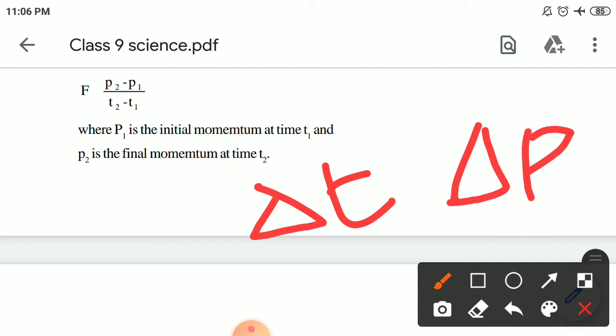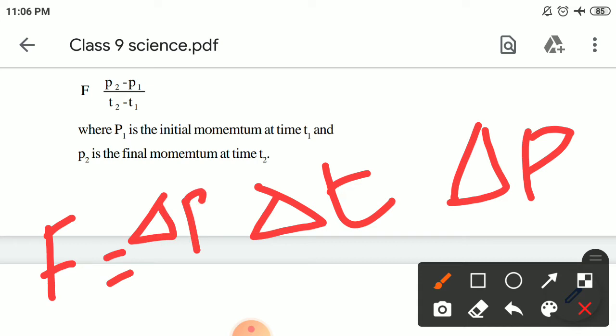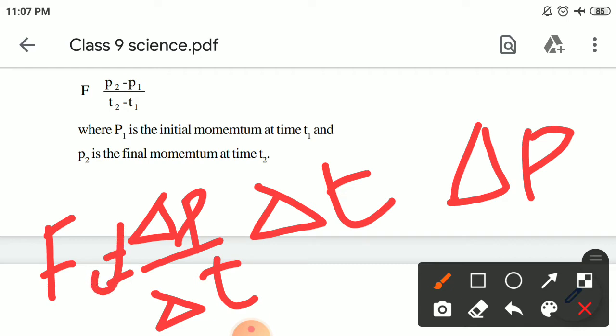I hope you had understood. Now, this exact equation can be written as force equals del P upon del T, because we are replacing the final-to-initial difference by del P and the time duration difference by del T. As you can see here, a directly proportional sign is there.